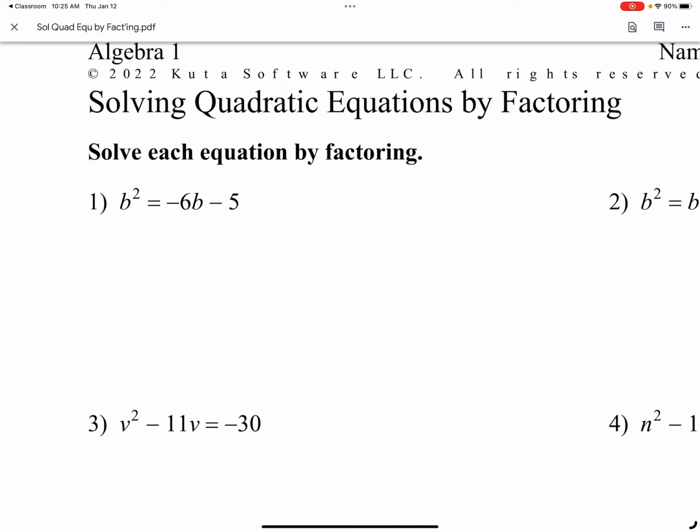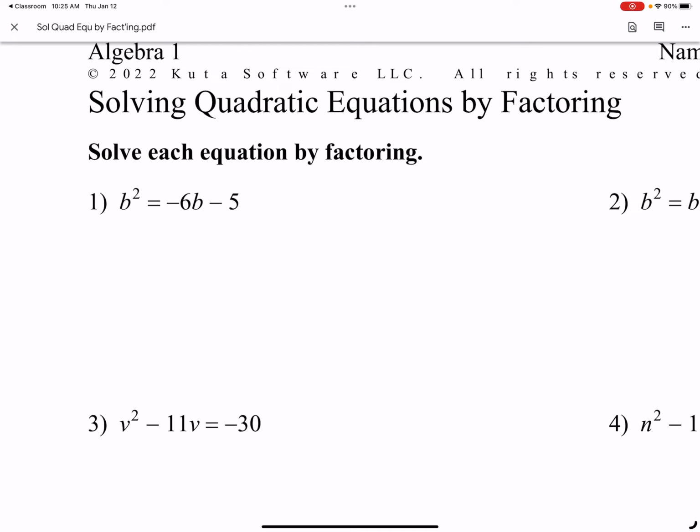Most of the ones we're going to work with are going to be quadratic equations, which means they have an x squared, so you always want that first. The other part is that your lead coefficient needs to be positive. That's kind of like the driving force behind it all. The lead coefficient has to be positive.